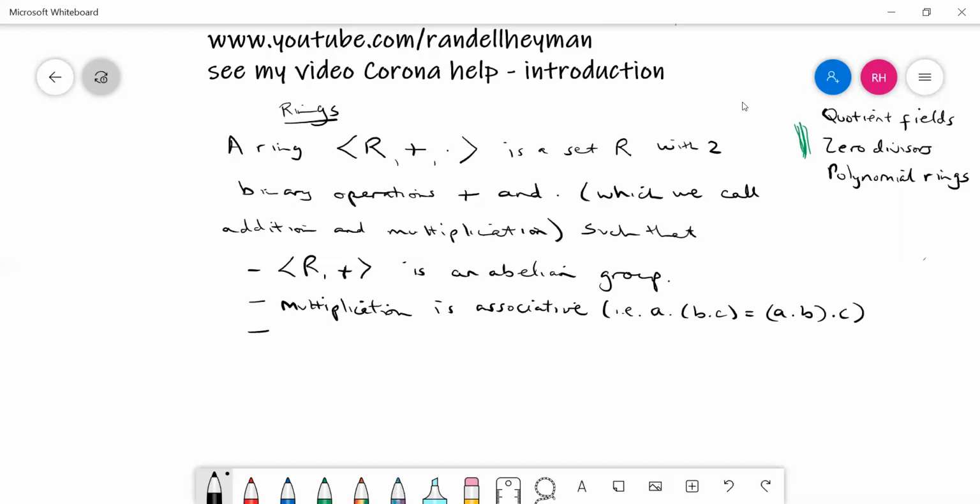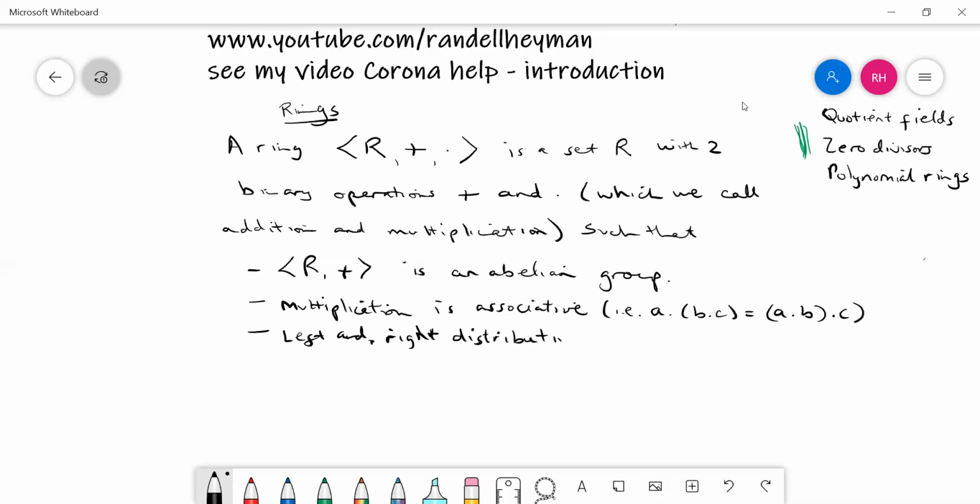And we must have left and right distributivity. So this is the distributive law.